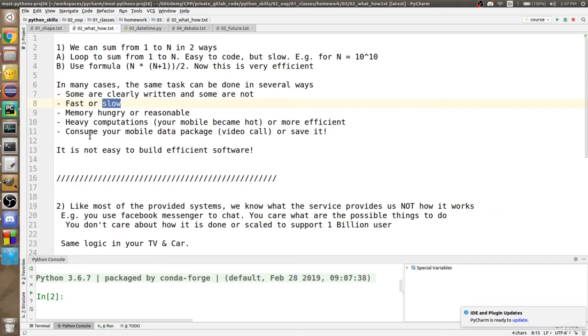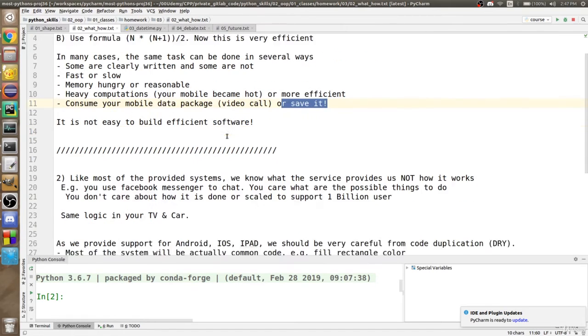These are all important concerns. For example, if the task is heavy on computation, your mobile will probably become very hot, which would not be a good thing for you. Some mobile applications would download a lot of data from your data package, which might not be a good idea for you either, and so on.